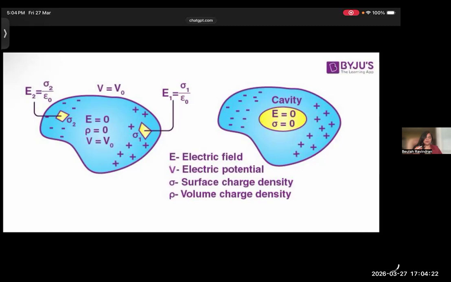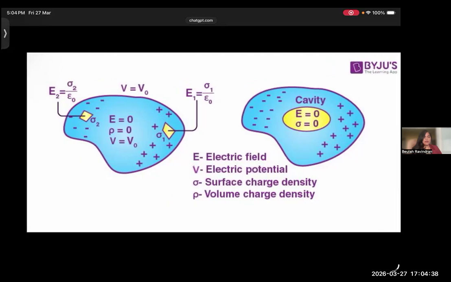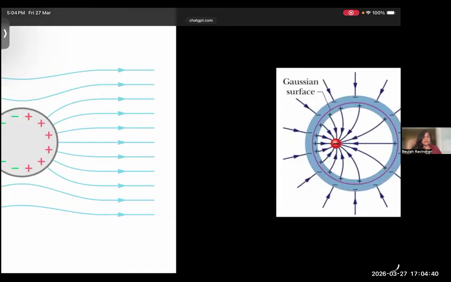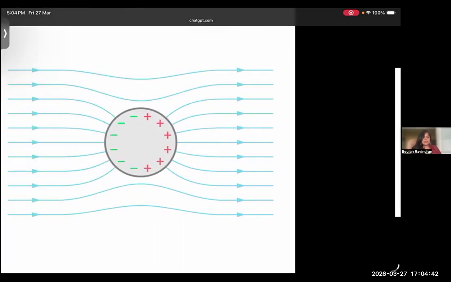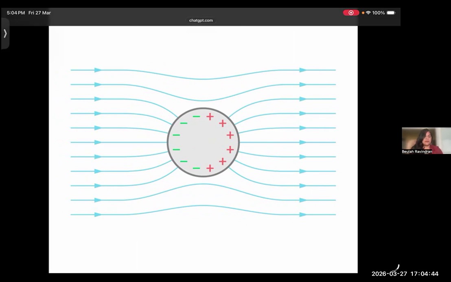If you take a conductor, then the electric field is 0. Only at the surfaces is the electric field present, E1 and E2. E1 is the external field; if it is positive, the field is external. If the field is negative, the field is internal.